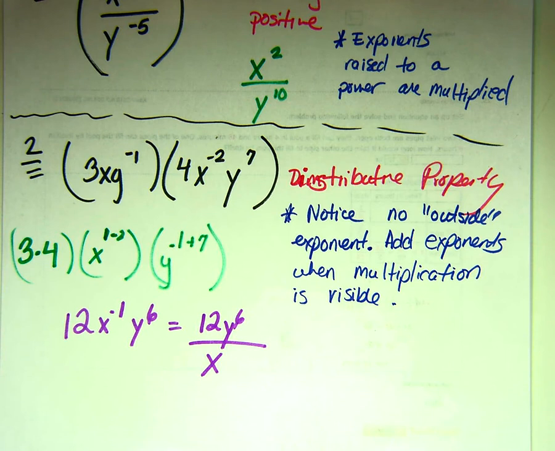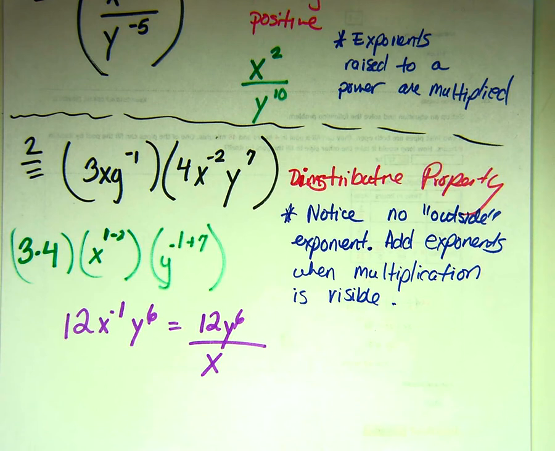For your y's, you're going to have negative 1 plus 7, because remember, we're adding our exponents. So once we combine all our like terms using the distributive property and the power rule, we're going to have 12, and then x to the negative 1 power, because 1 minus 2 gives you negative 1. And then we're going to have y to the 6th power, because negative 1 plus 7 gives you 6. This is what we have right here.